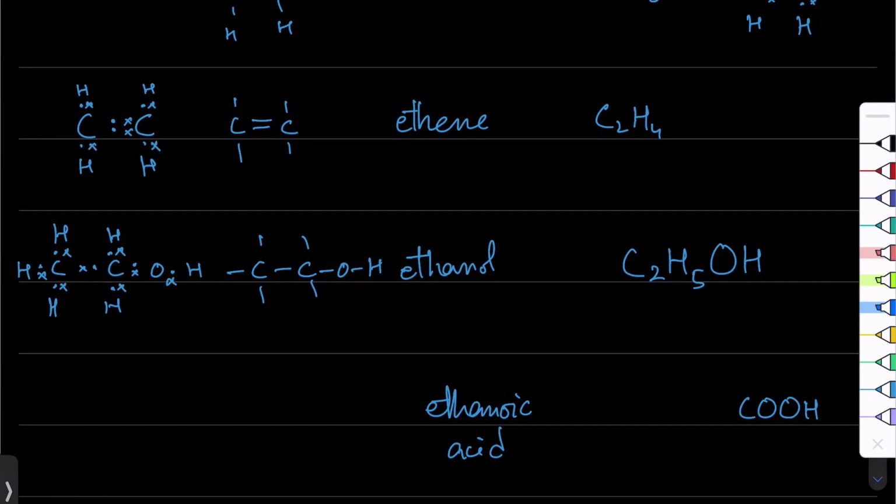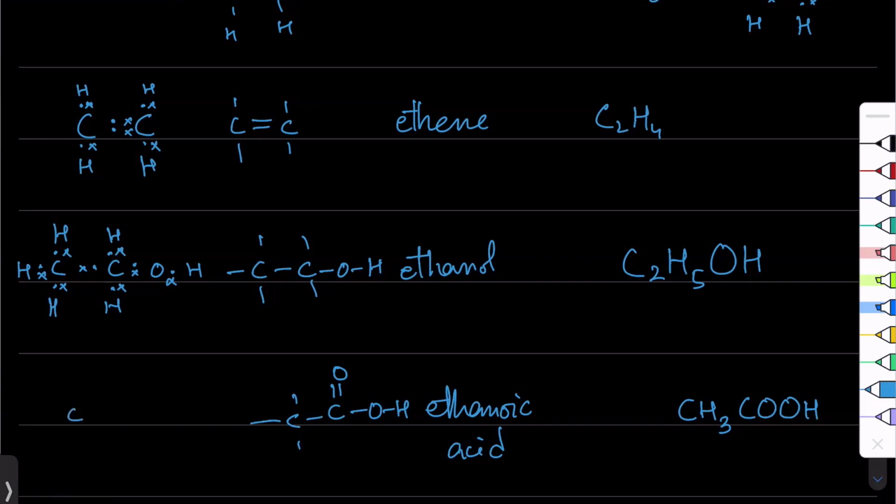So CH3COOH. If it was propanoic acid, it will be C2H5COOH, because one carbon is already in the functional group. COOH is the characteristic functional group that they have, and then I need one more carbon. So there you go, that's the formula.